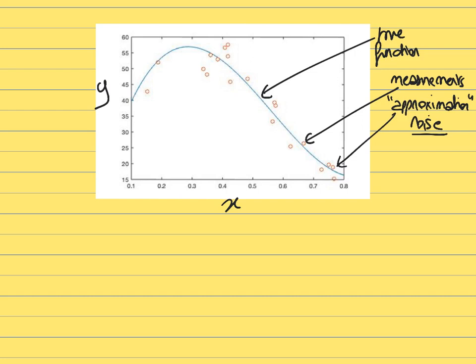If you knew this blue line already, then there is no need for machine learning. You already know how to convert x into y, how to map x into y. But most of the time, we don't know this real function. Sometimes this real function exists. That's the case for physical laws and chemical laws. The only reason that we don't know this blue function is because our knowledge of the chemical or physical process that we are trying to understand is just not good enough yet.